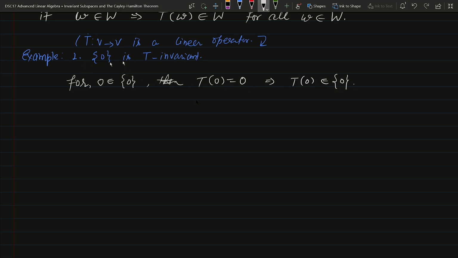Okay, the things are very obvious, but we should know how to write and represent it. So this implies that the zero vector space is T invariant.